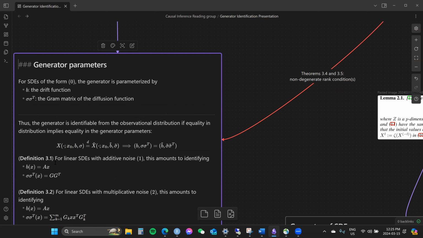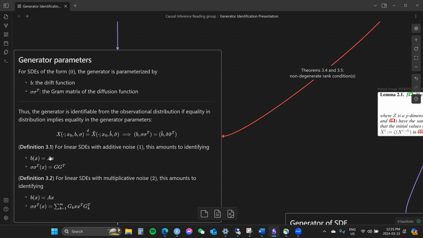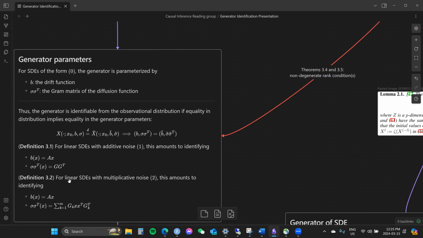It's linear, so there's no X. We'll leave that for later, but the drift is just A, and the diffusion is also linear in the case of additive noise. So we need to identify A and GG transpose. For the case of multiplicative noise, it's a little more complicated. We also have just A here, it's a typo, there's no X. And we want to identify the Gram matrix of the diffusion, where in this case, because it's multiplicative, you have the X involved. So we need to recover these in the setting of this paper.